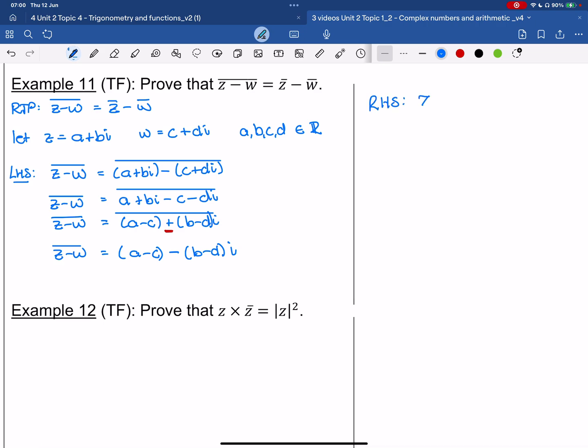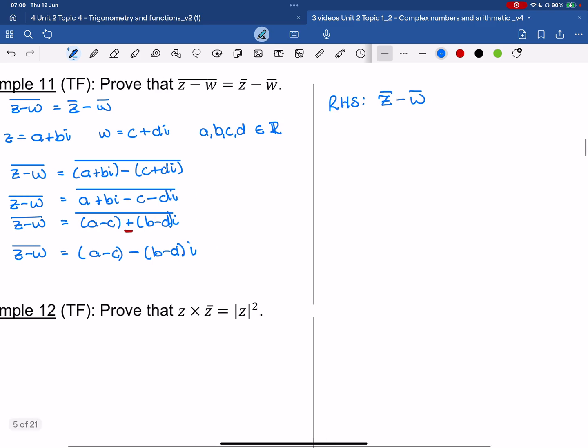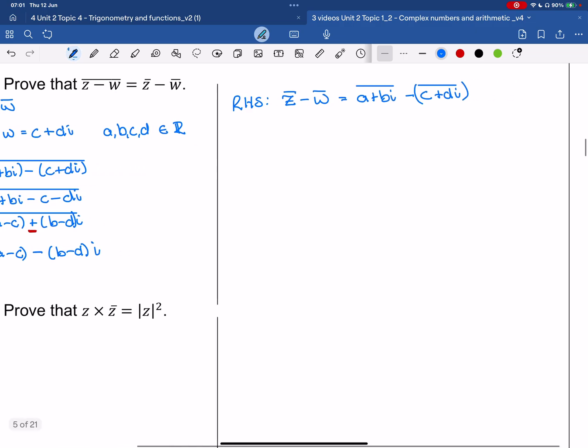So this says the conjugate of z minus the conjugate of w. So that's going to be a plus bi conjugated minus c plus di conjugated. Okay, so let's have a look.